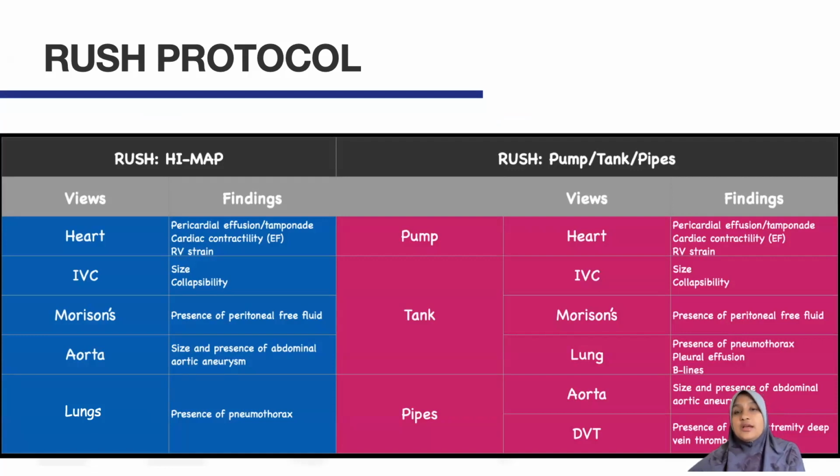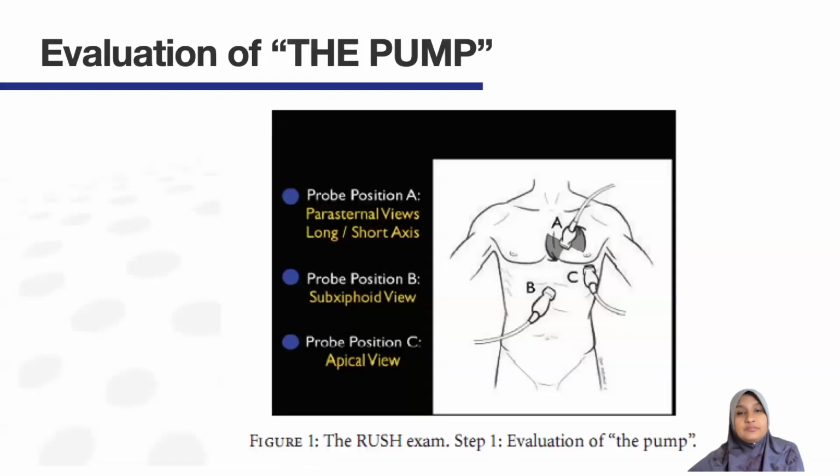Whereas the RUSH pump, tank, and pipes looks at 3 major components: the pump, which is the heart, the tank, which is your IVC, Morison's, and also lung, and the pipes, which is the aorta and also deep veins.